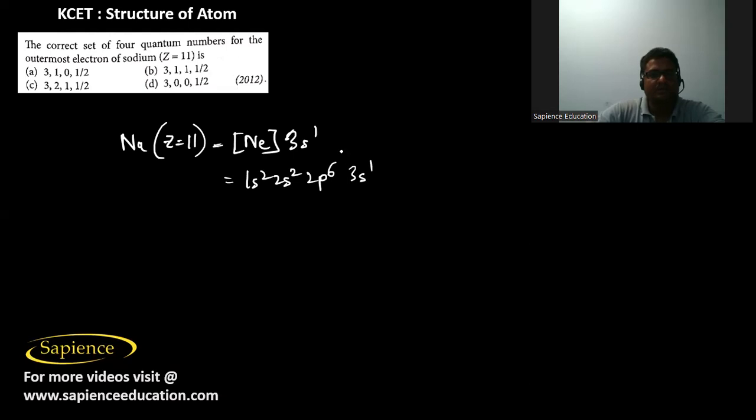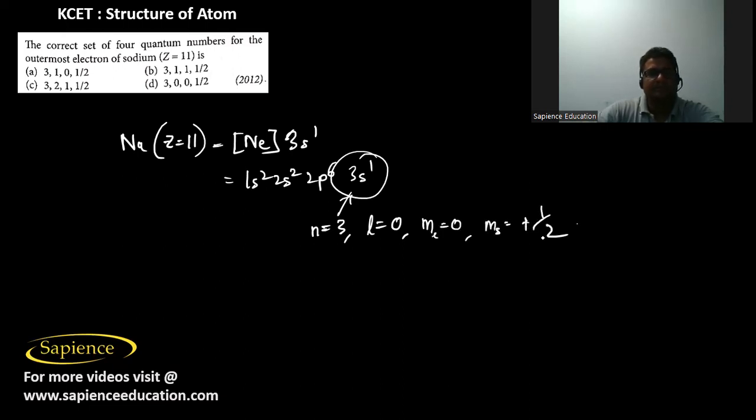So the outermost electron is in 3s1. So it is n equal to 3, L equal to 0, ML will be 0 also, and MS will be plus half. So option D is the correct answer.